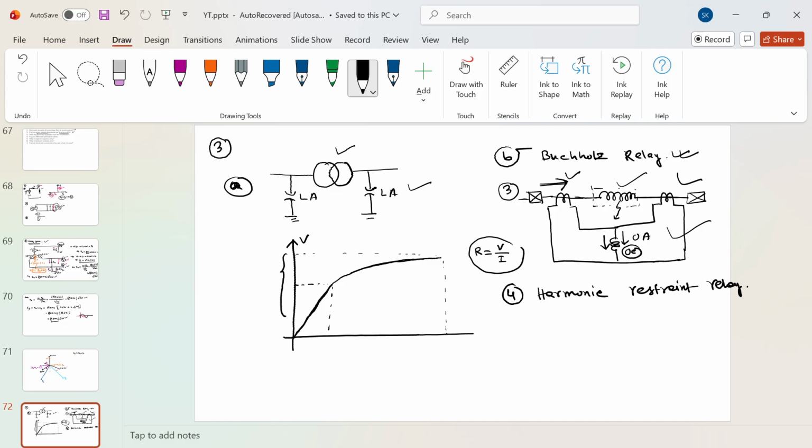Now we have something we call the restricted earth fault relay. In the restricted earth fault relay, we restrict our protection scheme to a particular area. That's why we call it a restricted earth fault relay. That is also used for the protection of the transformer winding. So the fifth is the restricted earth fault relay.